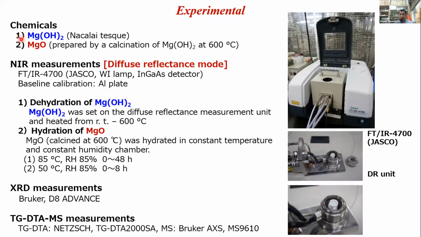Magnesium hydroxide was purchased from a company. Magnesium oxide was prepared by calcination of magnesium hydroxide at 600 degrees C. NIR measurements were carried out in a diffuse reflectance mode by using this FT-NIR system. Some other measurement conditions are shown here.